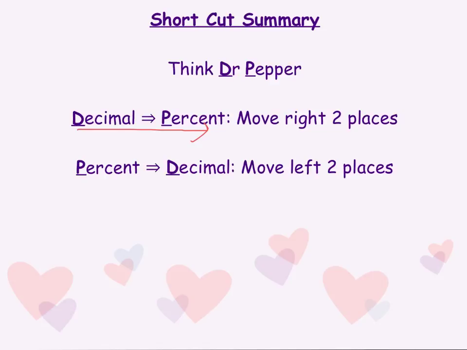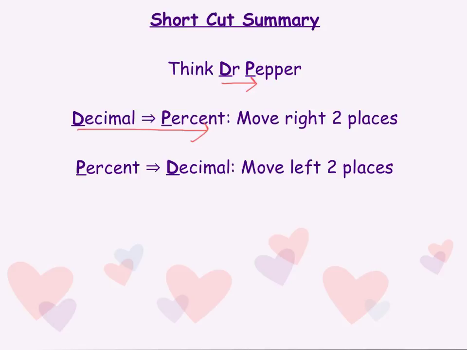Take a look at Dr. Pepper. When I go from a D to a P, I'm moving to the right in the word. That'll help you remember that if I'm going from a decimal, think D for decimal, P for percent, we're moving to the right in that phrase.